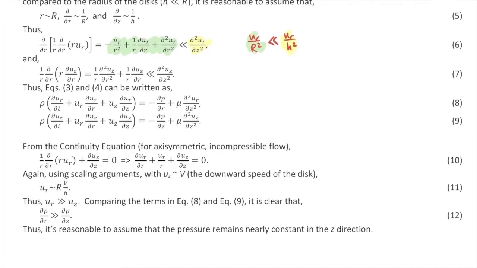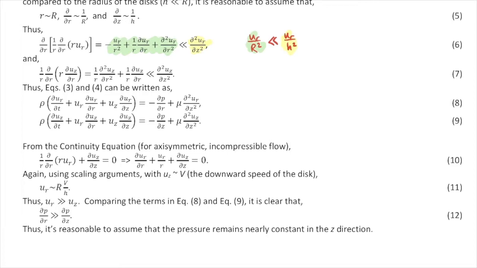And so if I make use of that along with my previous scaling arguments, this term here, for example, would scale something like V over H, right? And then the d over dr is like 1 over capital R. Here's another R, that'd be like 1 over R. So if I rearrange this equation and look at the scaling for U_R, it'll scale something like R times V over H. Okay, so that tells us the relationship between these velocities.